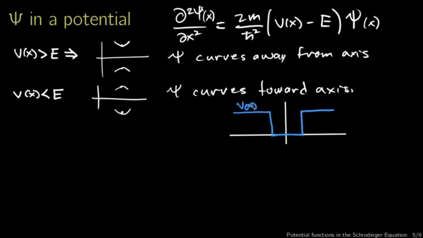So V of x is constant outside your central region and constant inside your central region and has a step change at the boundaries of your region. Let's think about what our wave function might look like under these circumstances. So we have our boundaries of our region here.